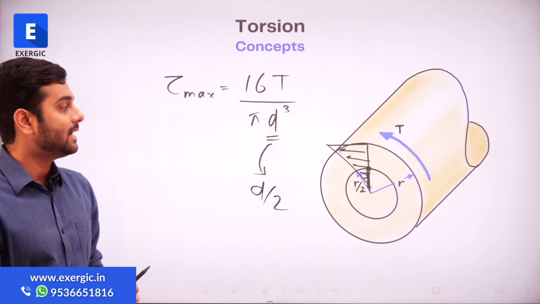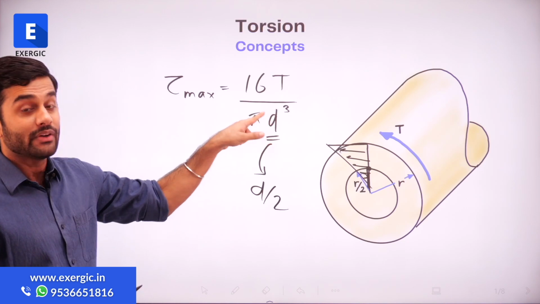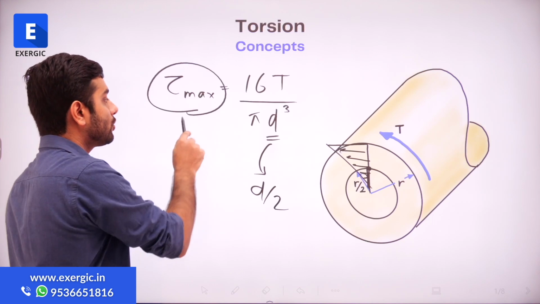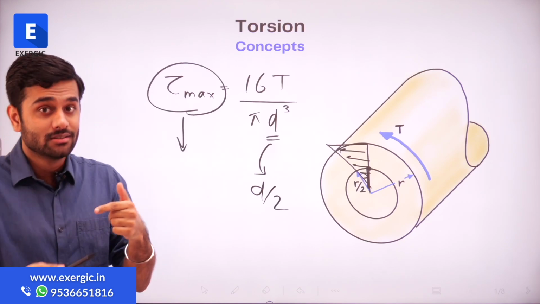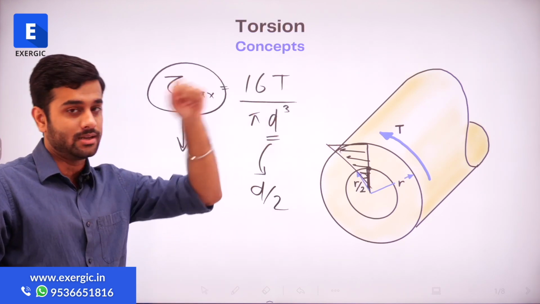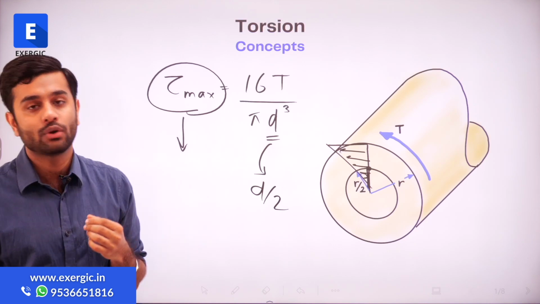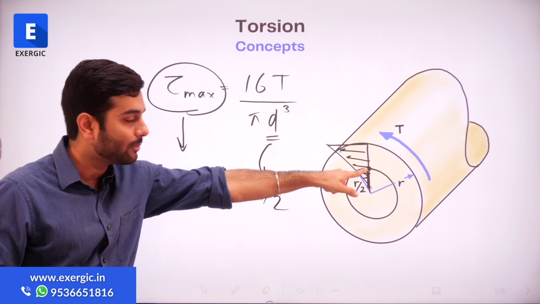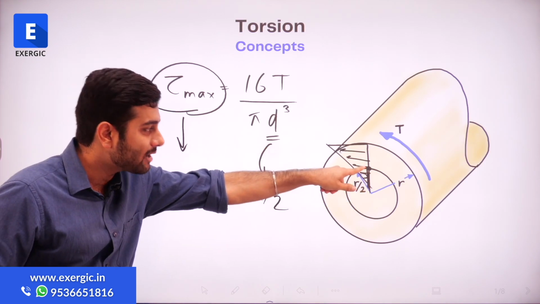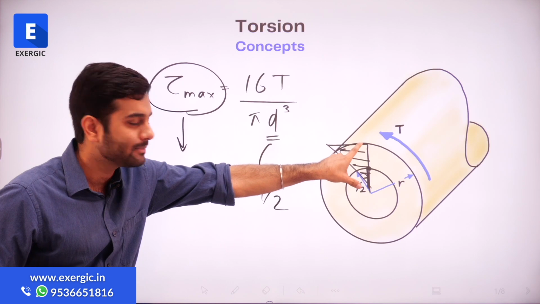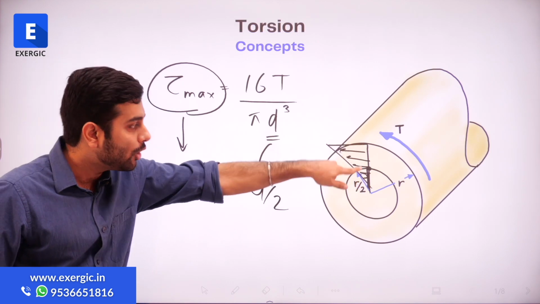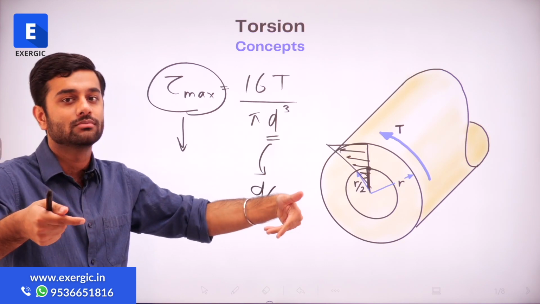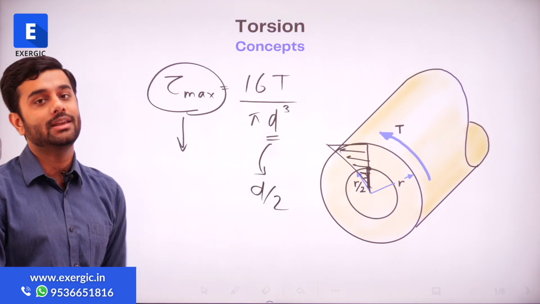So can I say that if I put D by 2 here in place of D, then this value will automatically get changed to the correct value of shear stress? No, it will not work like that. Why? Because if we are choosing a point which is at a distance of r by 2 in place of r, how much will be the new value of shear stress? Tau max by 2. We all know that tau is going to vary linearly.